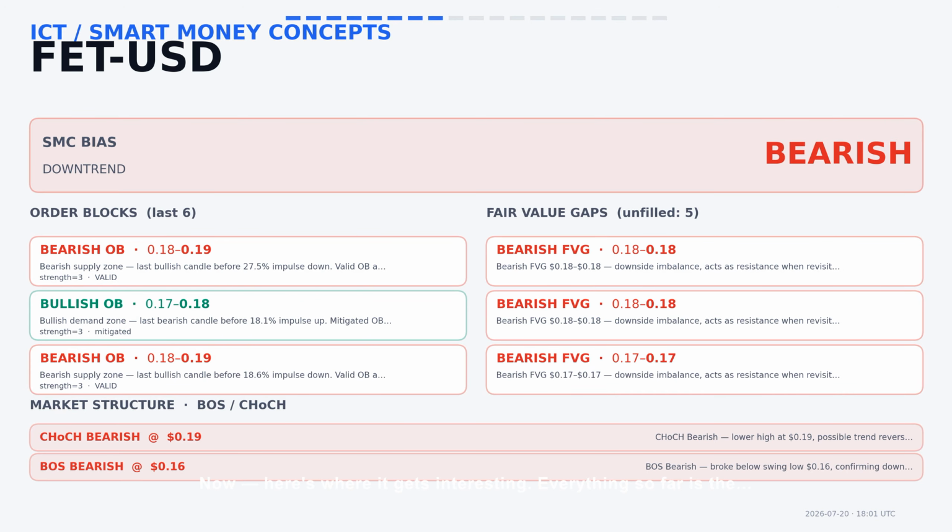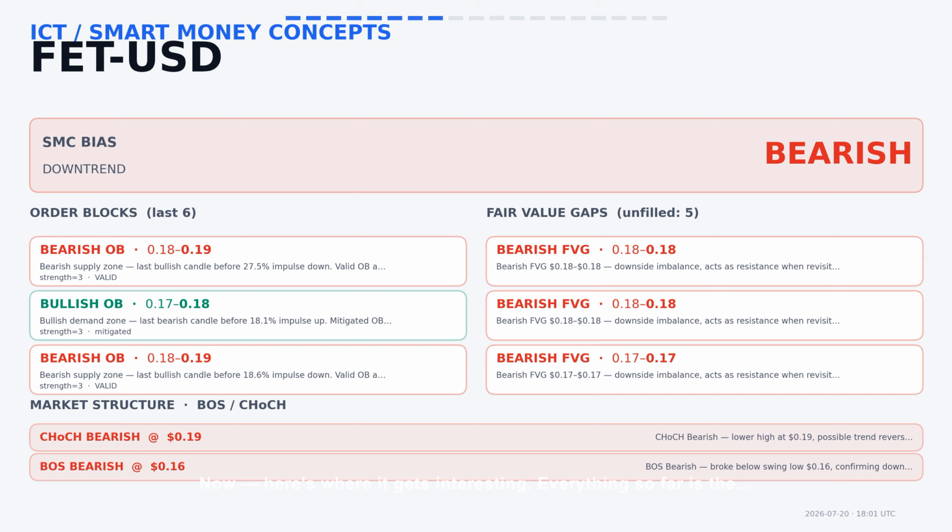Everything so far is the retail view. The moves that actually pay are the ones institutions position for. So let's bring in the institutional read, ICT, and smart money concepts. On the daily chart, the SMC bias is bearish, with a downtrend market structure. The most recent order block is a bearish zone between 0.18 and 0.19.